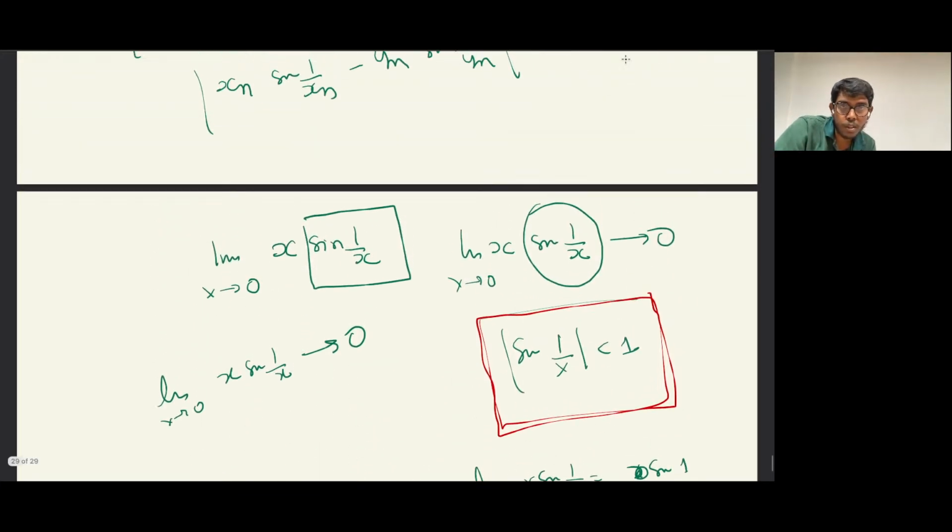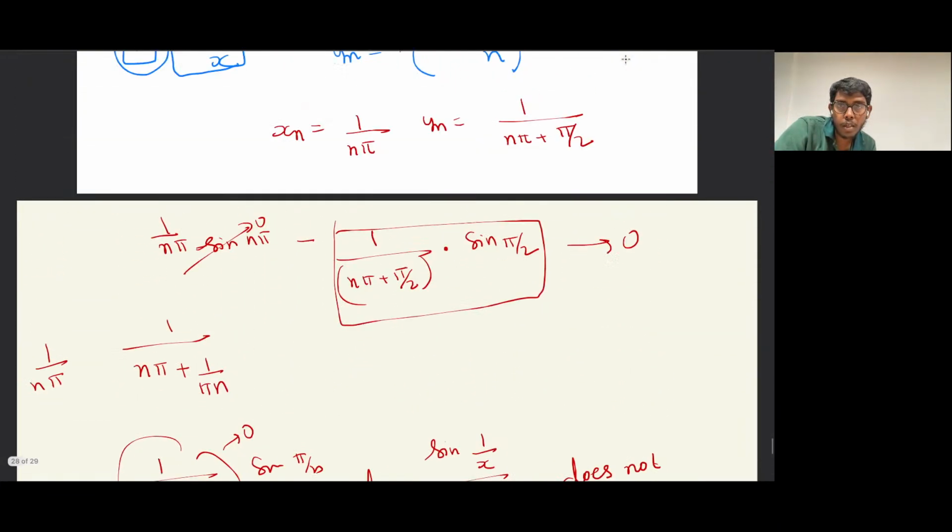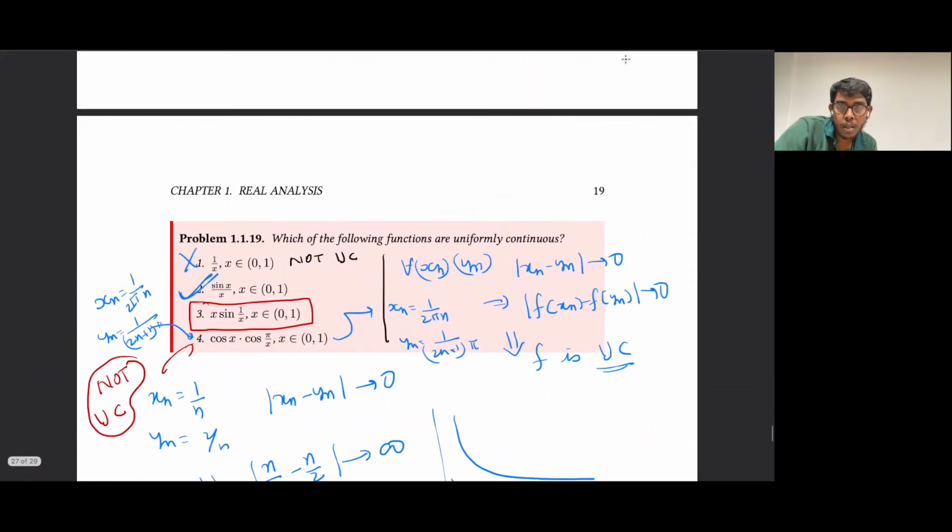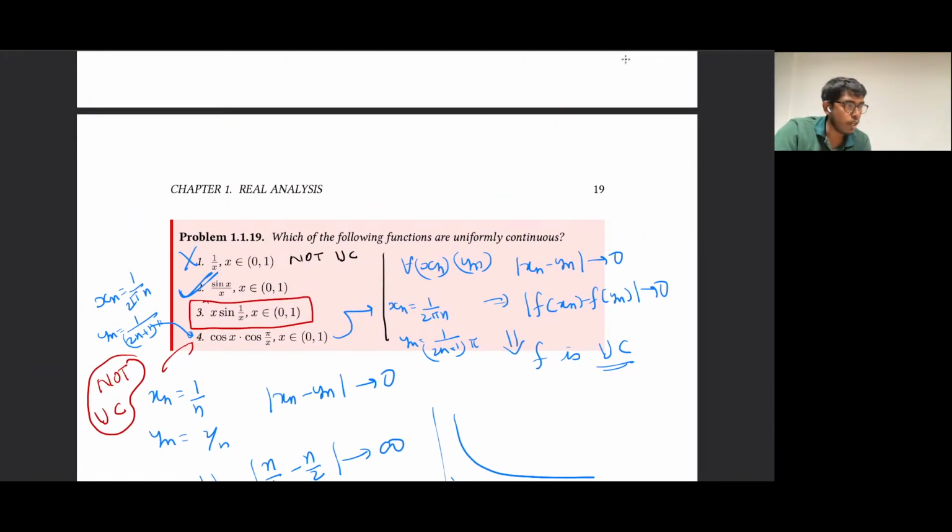D is true. D is what? D is cosine x times cosine pi by x. No, that's not uniformly continuous. Because as I gave you, you take xn as 1 by 2 pi n, and yn as 1 by... okay.